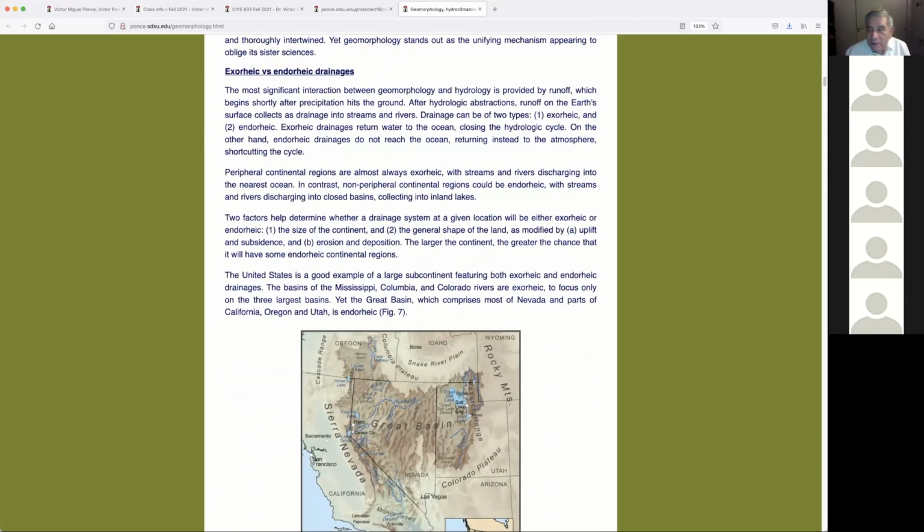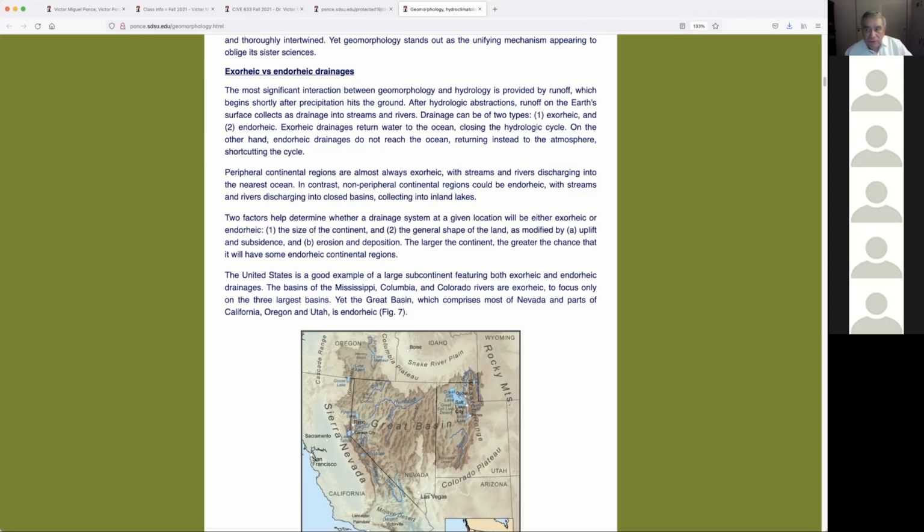The next subject is extremely important for us. Exorheic versus endorheic drainages. There is a tenet of geomorphology, in geomorphology, that interacts with the hydrology. And if there is a mouth of a particular basin, then we call it an exorheic basin.